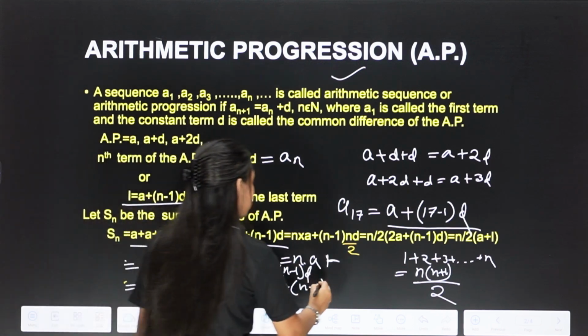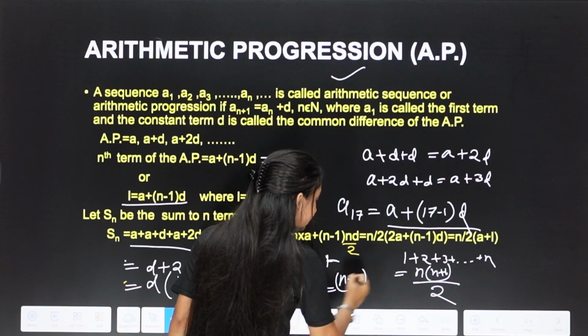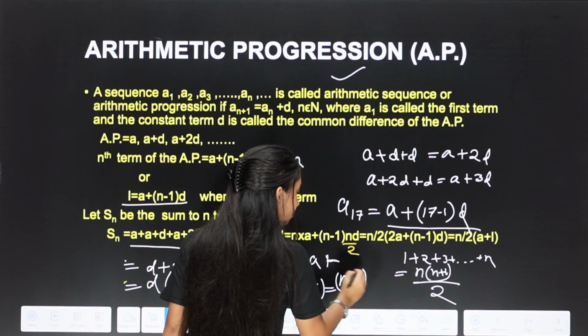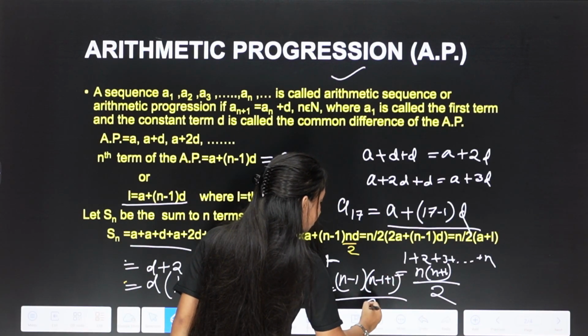So, it will be n minus 1 into, again we have n plus 1. Here n is n minus 1, so it will be n minus 1 plus 1 divided by 2.